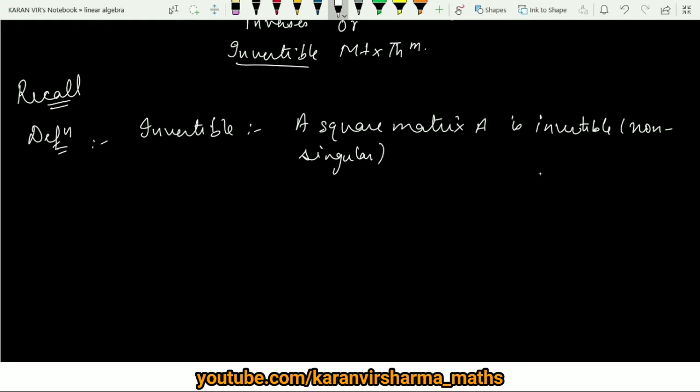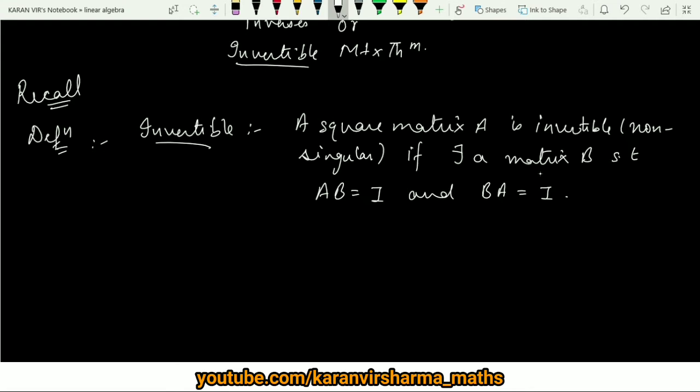A square matrix A is invertible or non-singular if there exists a matrix B such that if you multiply A with B, you get an identity matrix, and even if you multiply B with A, you get an identity matrix. We say that B is the inverse of A. So this is the definition of invertible or non-singular.